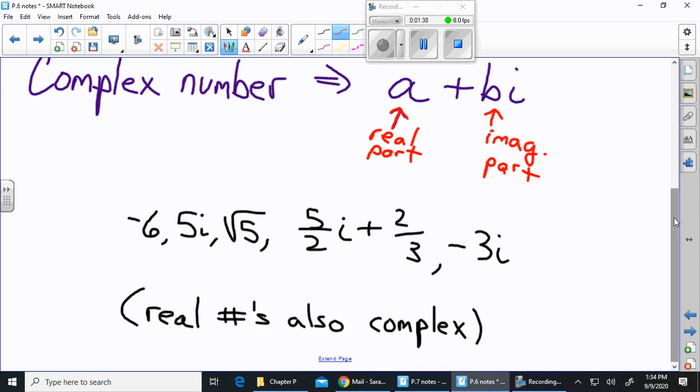Now you have to think that the imaginary part could be 0. So, I could write -6 plus 0i. Any real number can also be a complex number, but a complex number cannot be a real number. So if it's got i, it's complex.